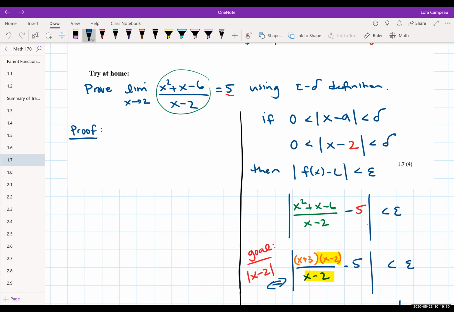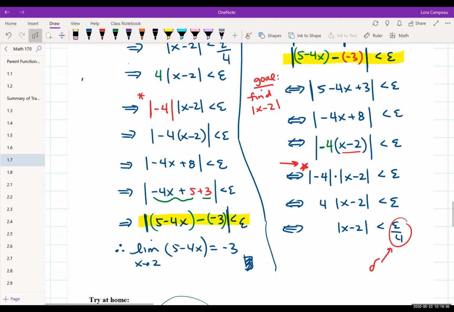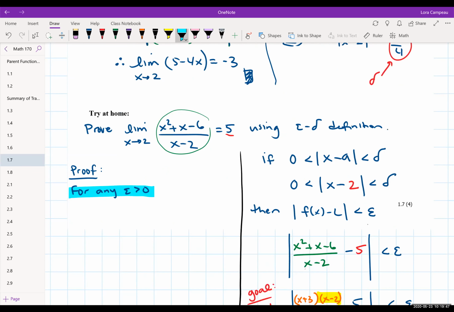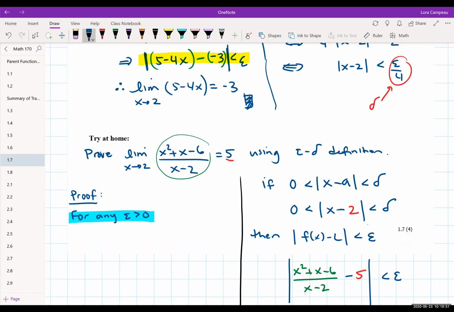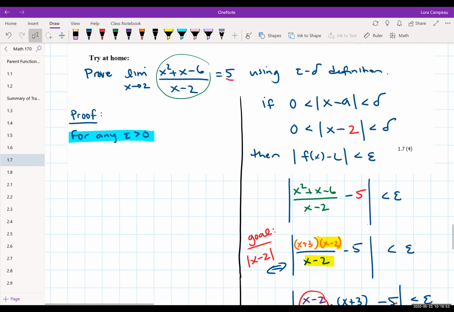Of our limits. So when we do the proof, one more time, we're always going to start off for any epsilon greater than 0. That is the first part of our definition. The second part of the definition, we define who delta is. So in our case, it was epsilon.